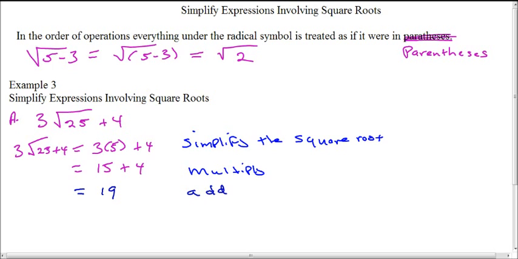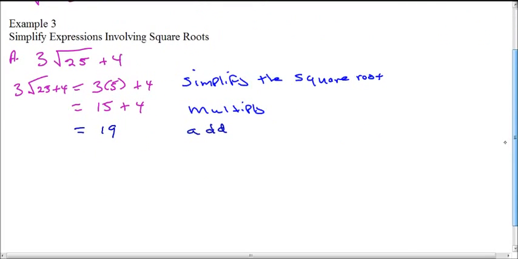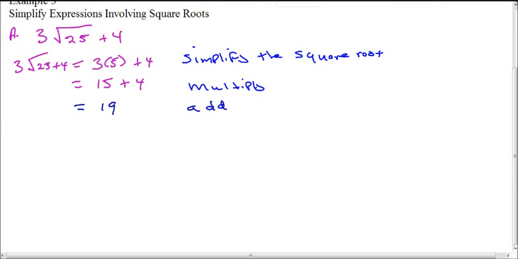Okay? Great. Let's take another one. Here, we will look at the square root of 16 divided by 4 plus 1/2.